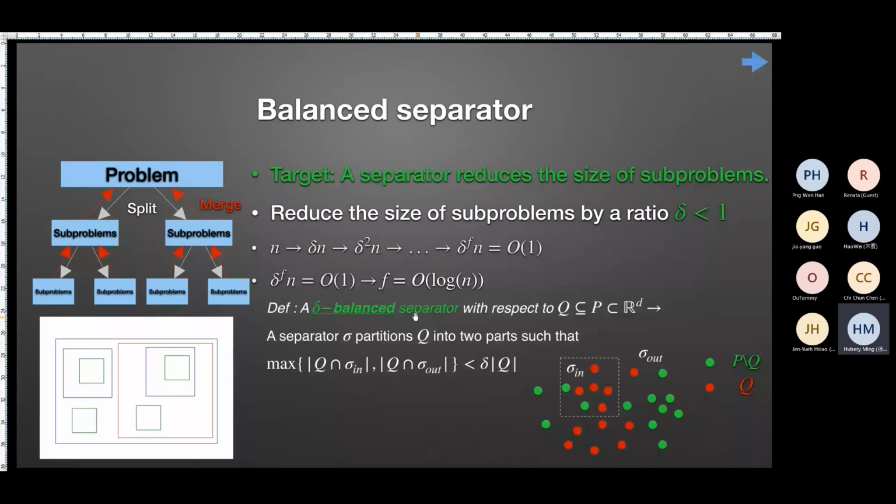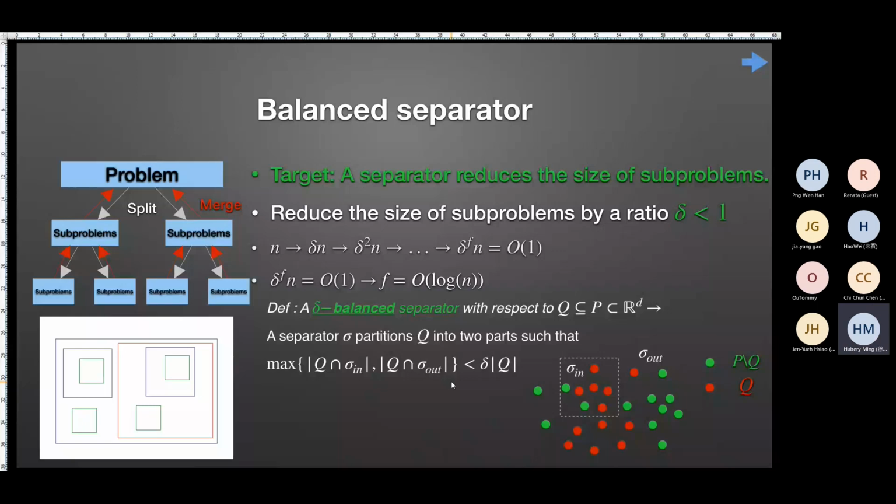This separator could partition a set of points Q into 2 parts, such that the size of each part is smaller than delta times the size of Q. That means if we have a point set P and a subset of P, we denote it by Q, we could use a separator to divide the points of Q into 2 parts with this relation.